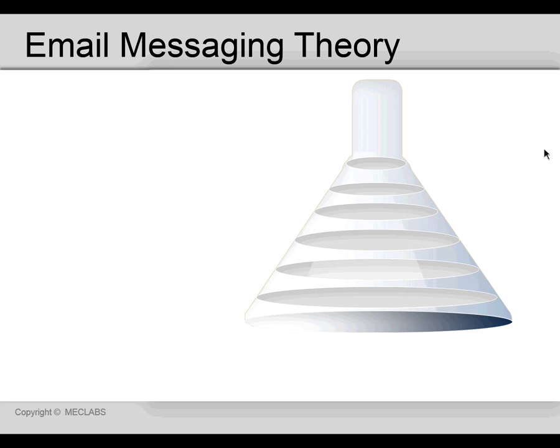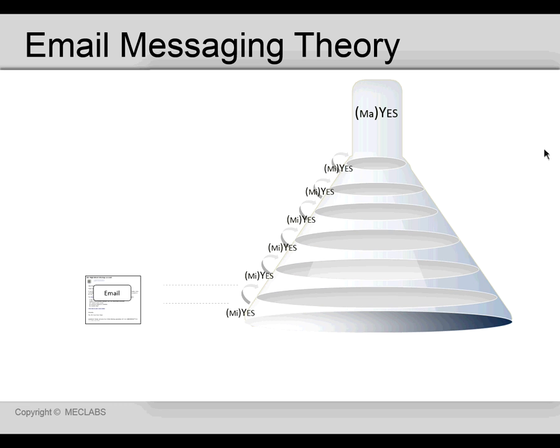So what do we mean by that? So if we look at our inverted funnel, and let's say that our ultimate goal, our macro yes, is to get somebody to give a donation to our organization. Well, in order to get somebody to achieve that ultimate goal, I need to have them negotiate a series of micro decisions. So for example, if I send somebody an email, they first must open my email, micro yes number 1.